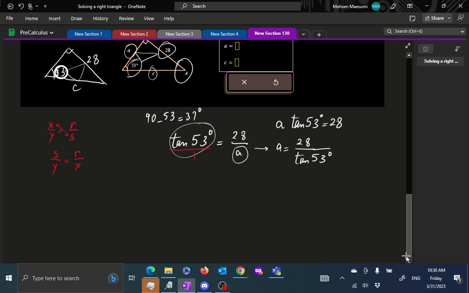With respect to this angle, that's of course opposite, and this is hypotenuse. So what relationship connects angle, opposite, and hypotenuse? That's of course sine. Sine of 53 degrees is the opposite, which is 28, divided by the hypotenuse, which is C.